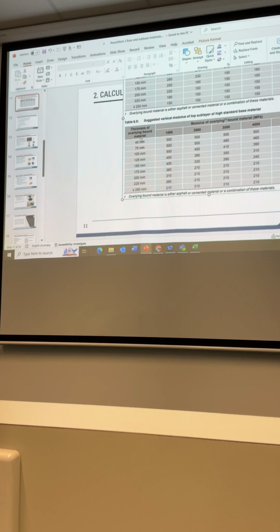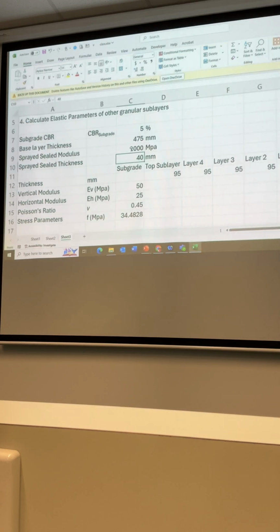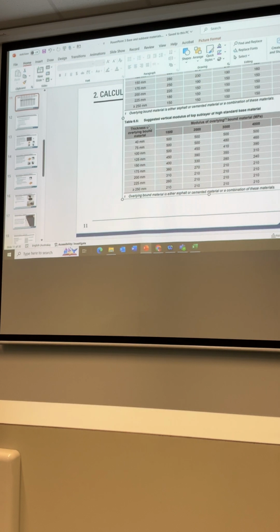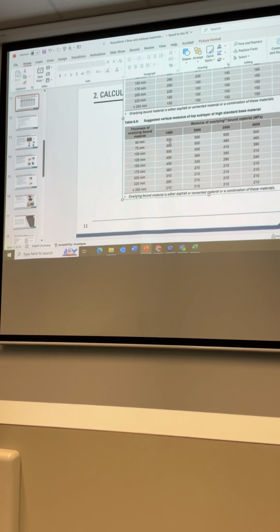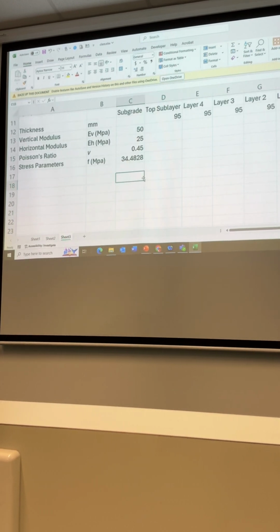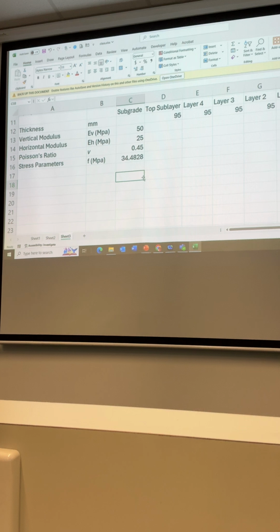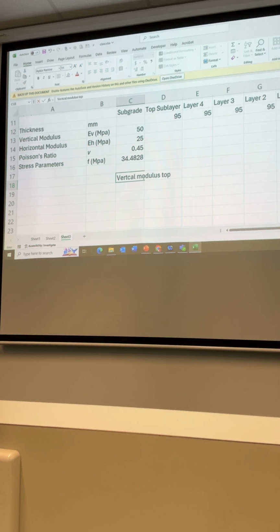So I'm going to match 40 with 1,000, 40 with 1,000. And I'm going to check that the suggested vertical module of the top sublayer is going to be 500. So option 1, okay, I'm going to write here vertical module top sublayer.